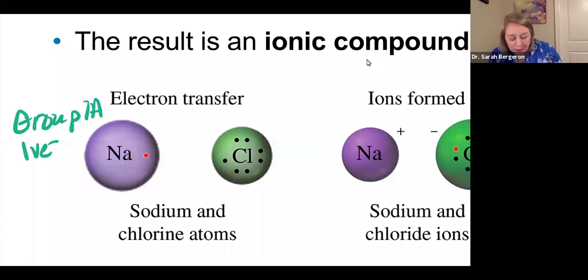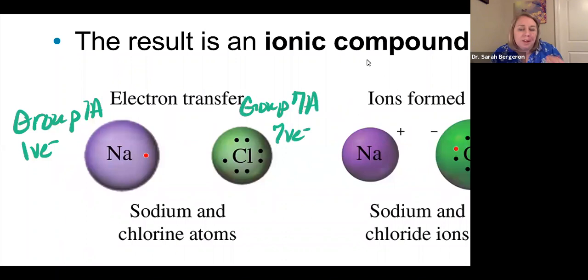Chlorine, on the other hand, is in group 7A. If you're in group 7A, you have 7 valence electrons. We said previously that chlorine wants to gain 1 and sodium wants to lose 1. Oh, look, isn't that awesome?